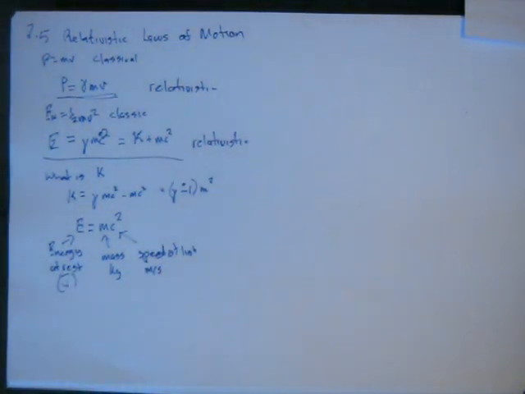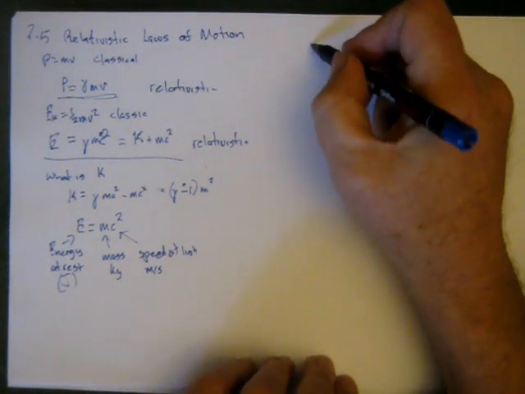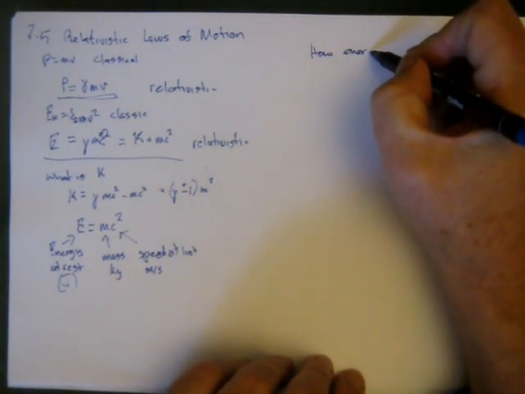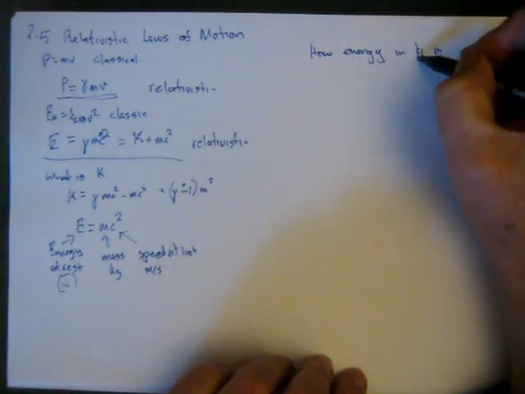Now, how much energy is there in mass? Well, if you sit down and work this out, how much energy in 1 gram of matter? Well, let's say 10 grams of matter.